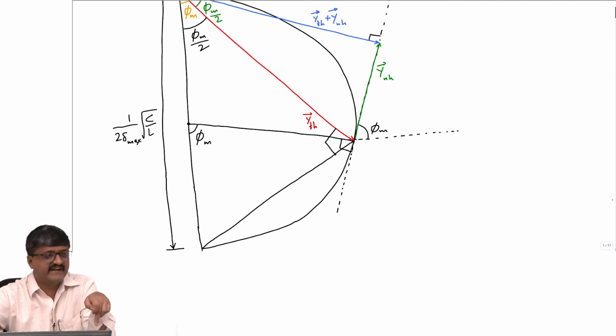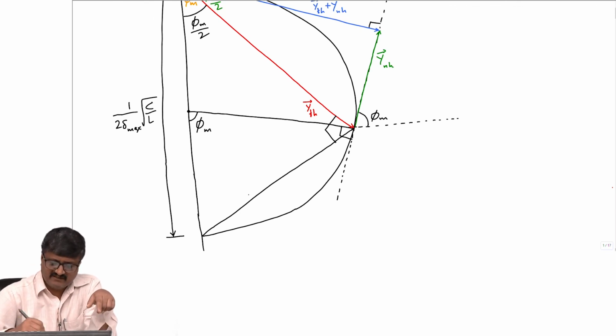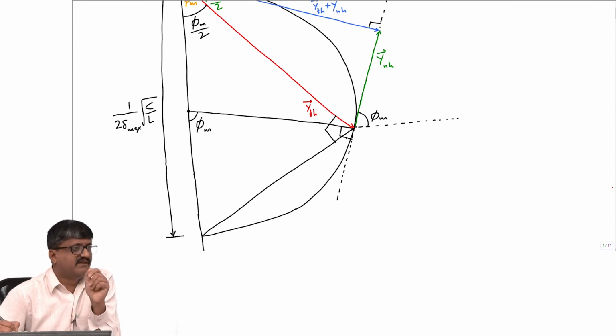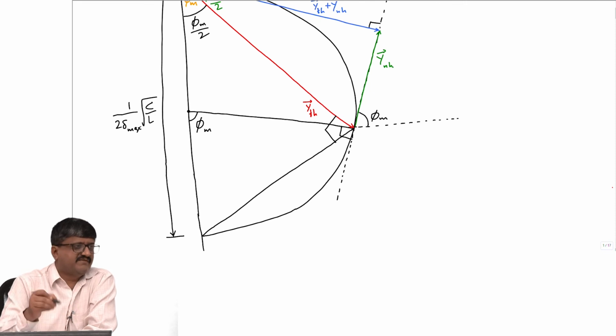I take this red line, the newly drawn line segment, and another line segment as the diameter. These three form a triangle. One side is 1 by 2 delta max root c by L, another has magnitude y of h. So can I say that y of h is the diameter into cosine of some angle? That angle is phi m by 2.